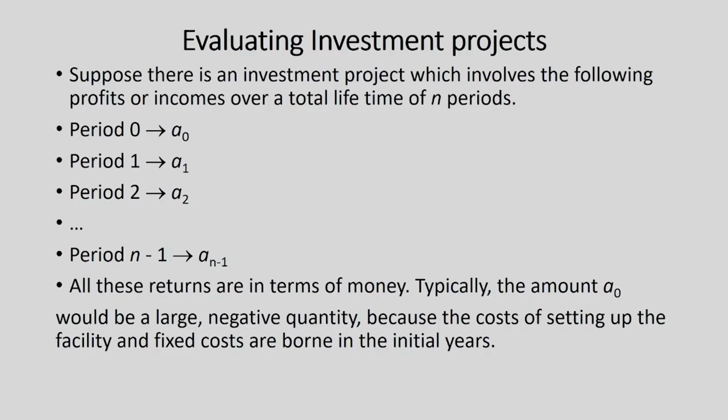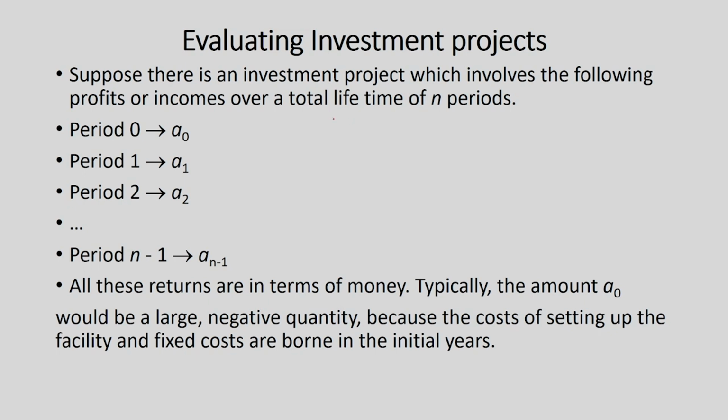Okay, now we come to another application of this same topic, which is series: evaluating future projects. Suppose there is an investment project which involves the following profits or incomes over a total lifetime of n periods.